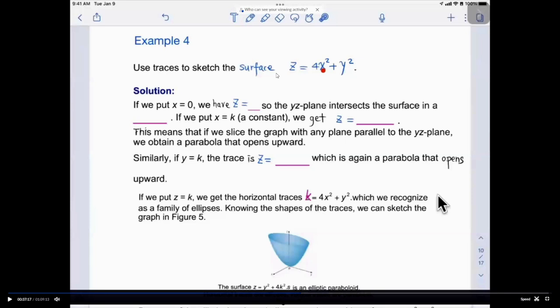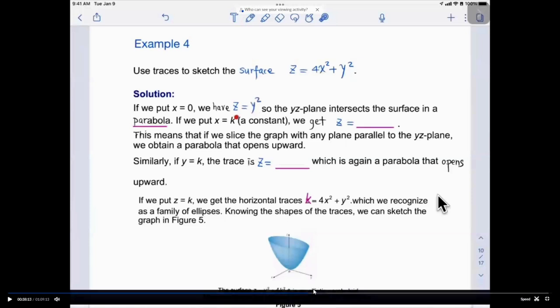Now let's find the traces. We're going to set one of the variables to be 0. So let's set x equals 0. If you set x equal to 0, what does z equal? z equals y squared. Yes, very good. So the yz plane is going to intersect the surface in a parabola, because this is a parabola.